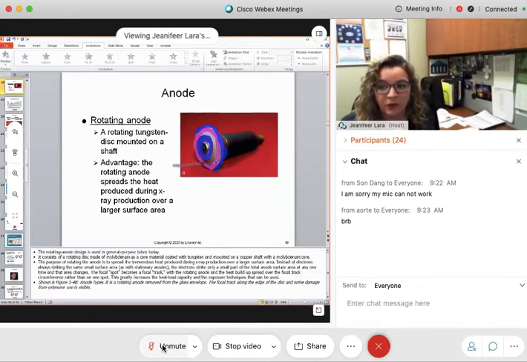Electrons are going to flow over and keep hitting, but this is still spinning at the same time. So this entire section where the electron stream is going to be considered the actual focal spot, because at that spot of the focal track is where the interaction is going to go.